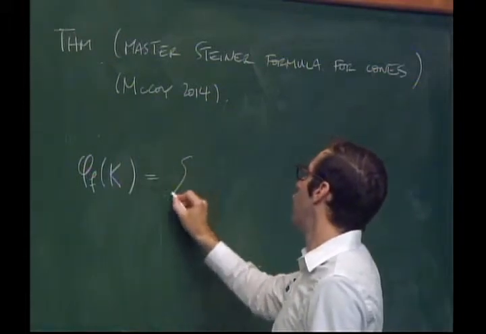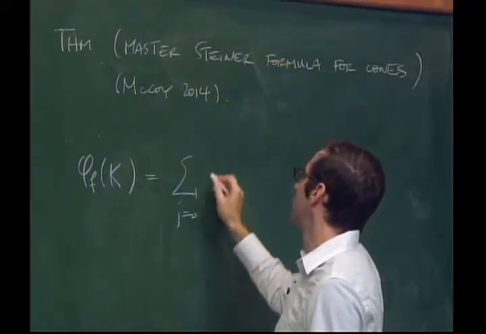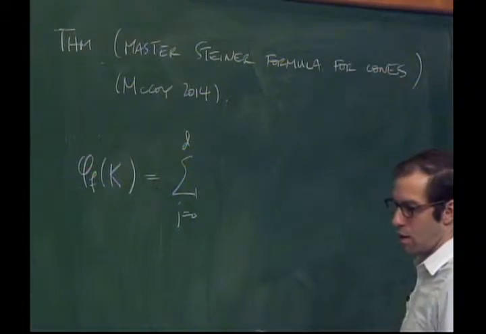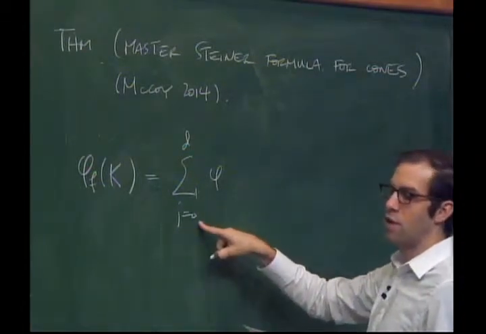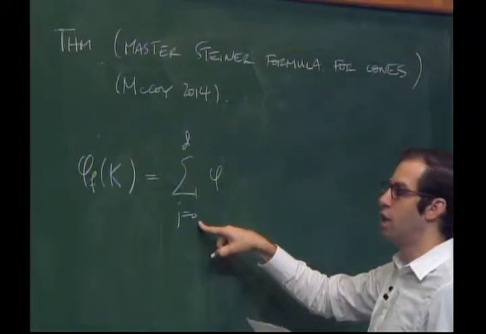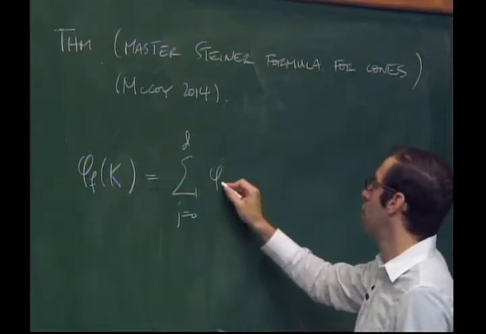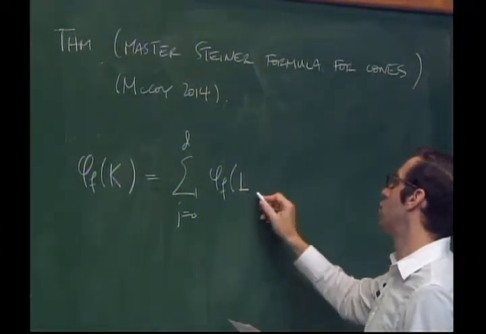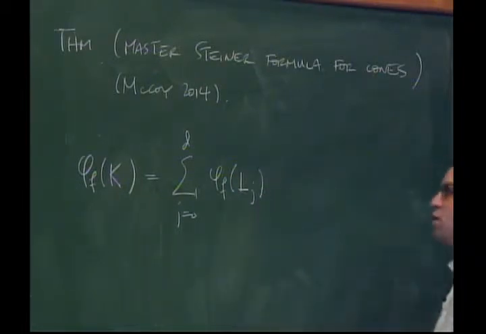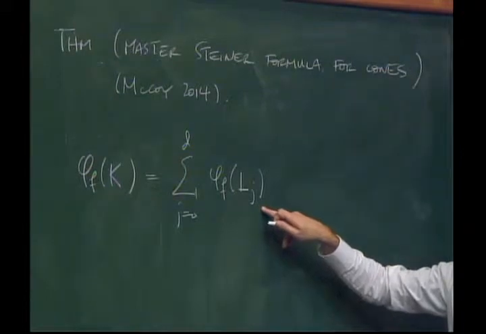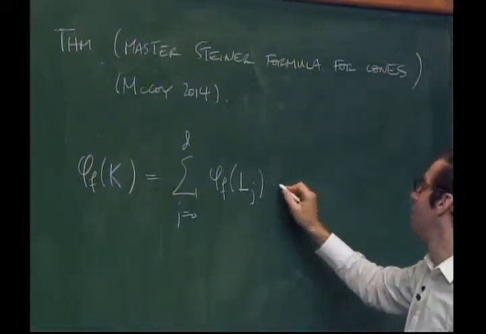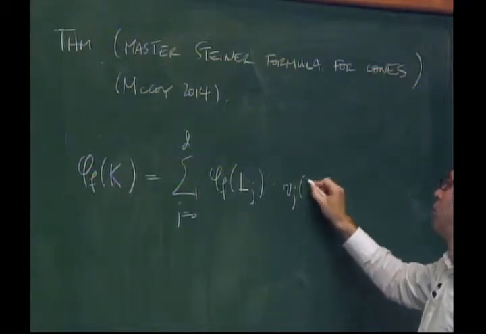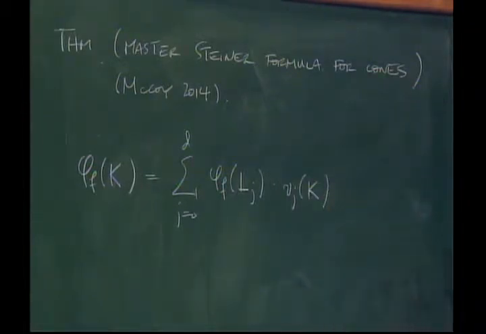It says that if you want to know how big this is, you can express this by summing over all choices of dimension j from 0 up to the ambient dimension of the functional applied to a j-dimensional subspace. Subspaces, remember, are much simpler objects than cones, and multiplied by the intrinsic volumes of the cone.